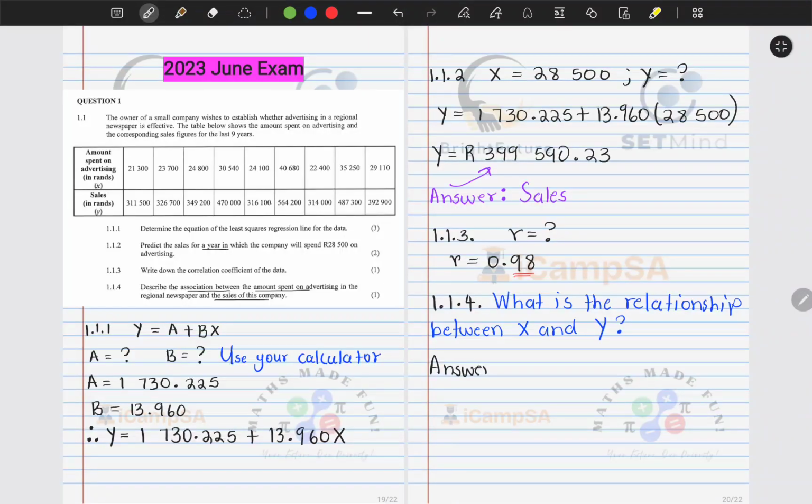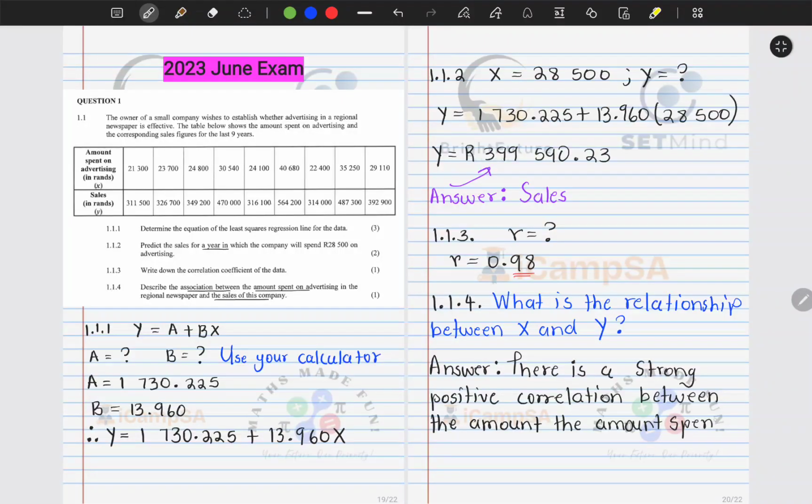So answer, we can say that there is a strong positive correlation between what and what. So there's a strong positive correlation between, if you observe carefully, the amount spent on advertising and the sales figures.